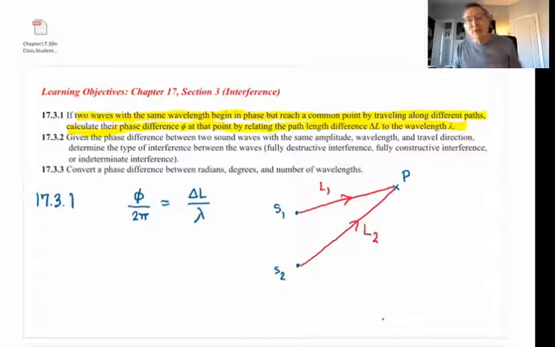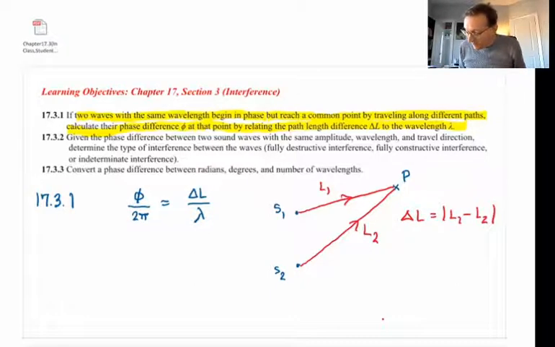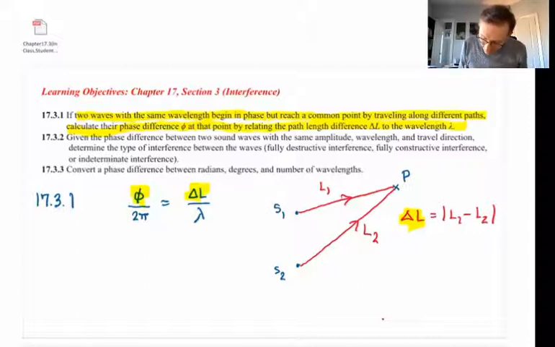And if L1 and L2 are different distances, there is a path length difference, delta L, which is just the absolute value of the difference of those L's. Okay? All right, and the point is a path length difference, delta L, translates into a phase difference, phi, with this formula. Remember, phi is the phase difference in radians, and delta L would be the path length difference in SI, it'd be in meters. That is the key thing to know.